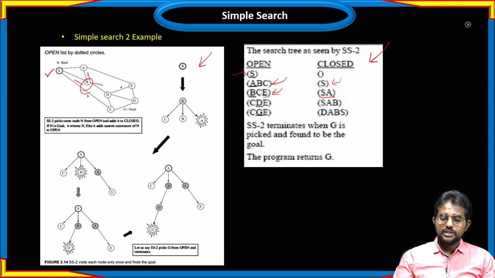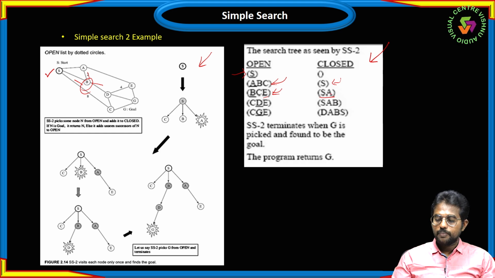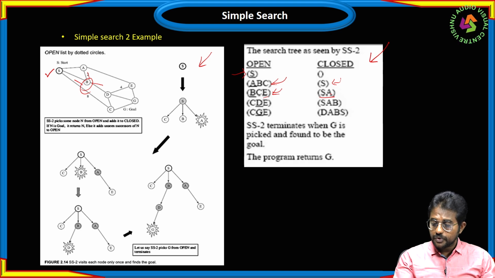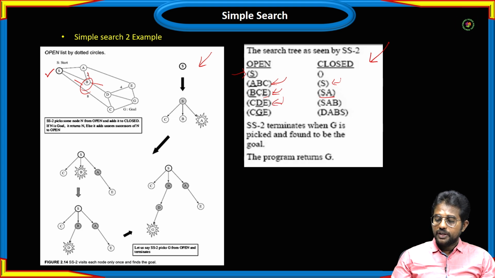If I apply moveGen on b, the output will be s, a and d. Both s and a are already in closed, so I will directly ignore s and a, and I will add d. So d is added to the open data structure.